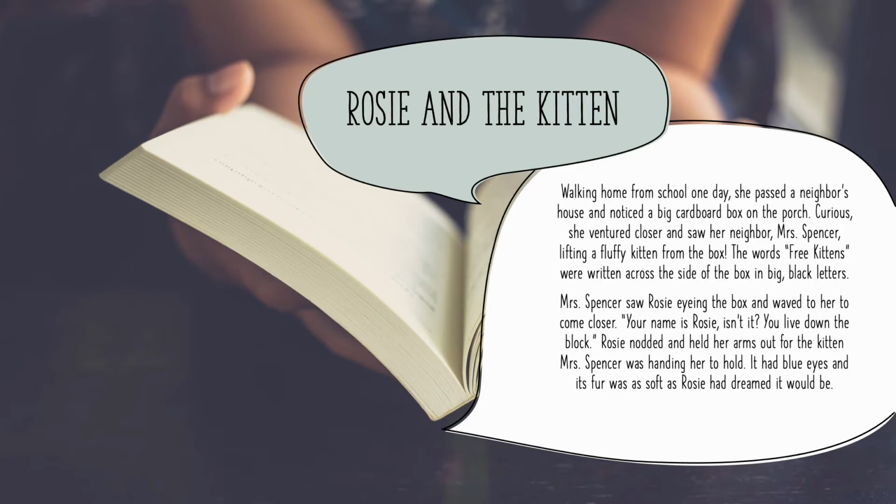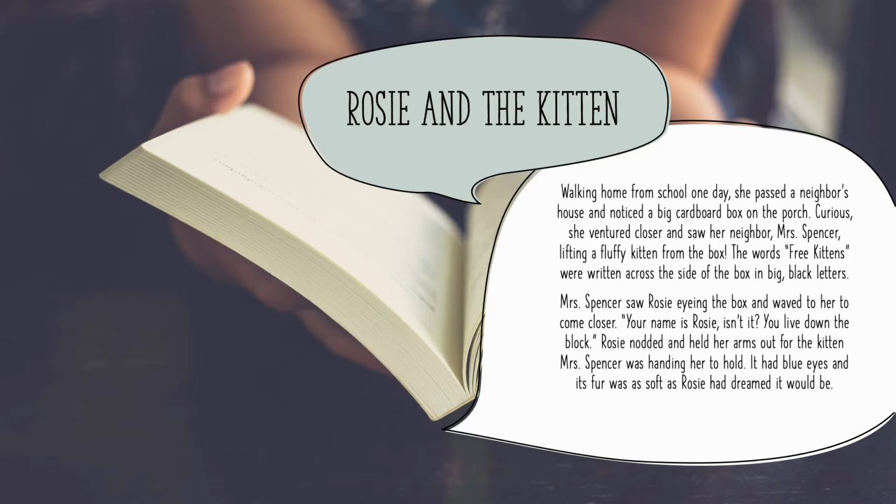Walking home from school one day, she passed a neighbor's house and noticed a big cardboard box on the porch. Curious, she ventured closer and saw her neighbor, Mrs. Spencer, lifting a fluffy kitten from the box. The words "Free Kittens" were written across the side of the box in big black letters.